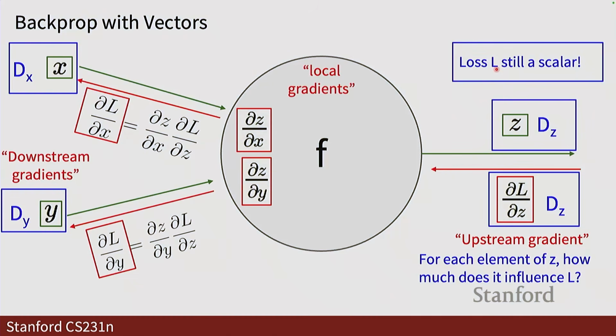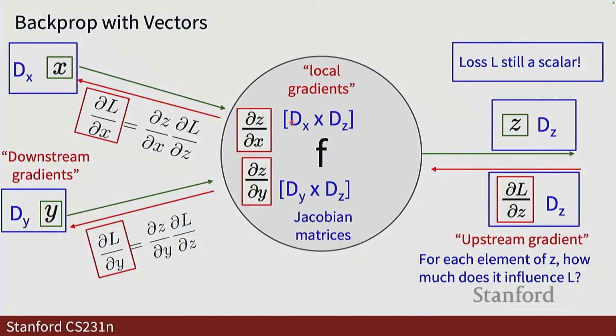And same story happens when it comes to downstream gradients. Actually, before going to downstream gradients, let me tell you a little bit about the local gradients, where we have gradient of z with respect to x and y. That's the part that I said there will be Jacobians, because now the gradients will turn into matrices. So we have two Jacobian matrices here, defined by the size of their input multiplied by the size of the output.